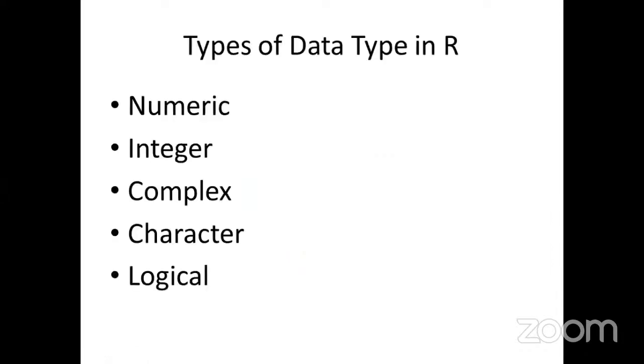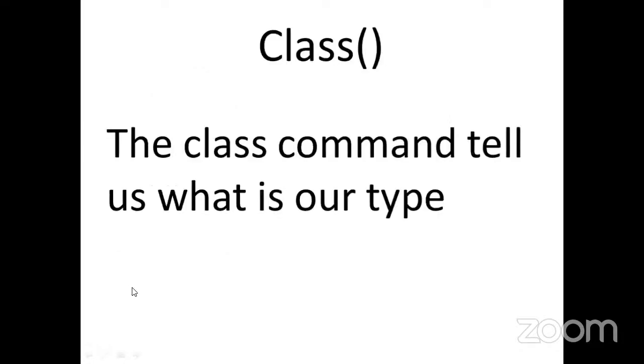Now in R, there are 5 types of data types: numeric, integer, complex, character, and logical. Before studying these, we'll study the class function. This tells us the type of data in R.